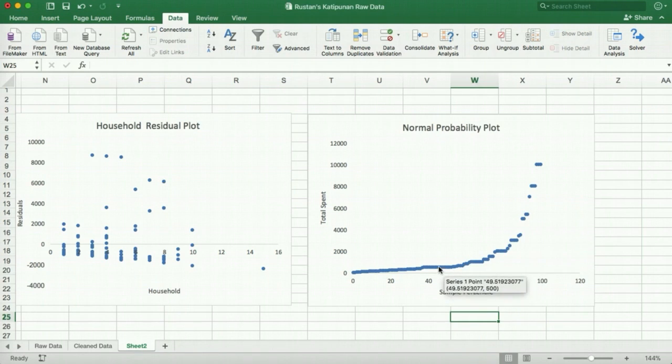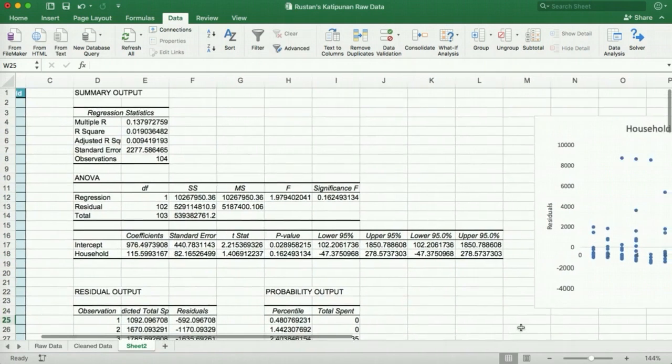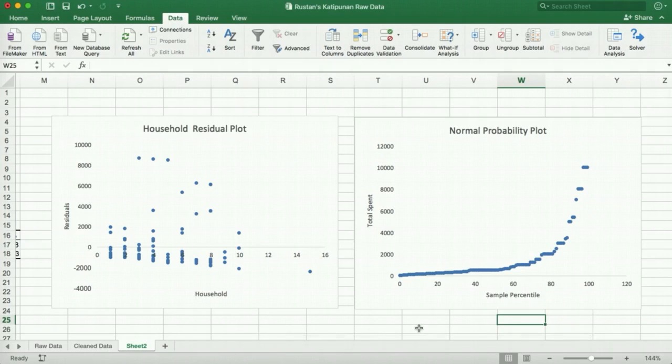It doesn't really look like a straight line. So it's very far from a straight line actually, which means that the normality assumption is violated. And in this case, it's no longer proper to interpret these values because the assumption on normality for simple linear regression is not satisfied.